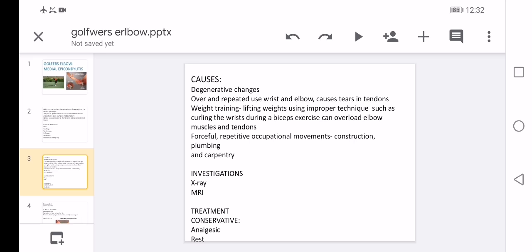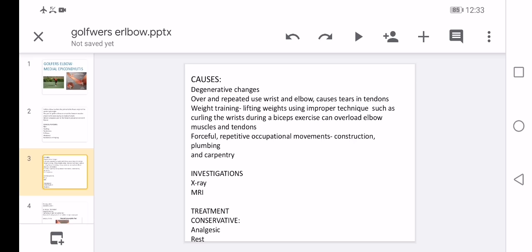You can investigate through an X-ray. Nothing may be seen, but an X-ray can rule out other conditions. An MRI scan of the elbow can detect the inflammation and any tearing of the common flexor of the forearm.